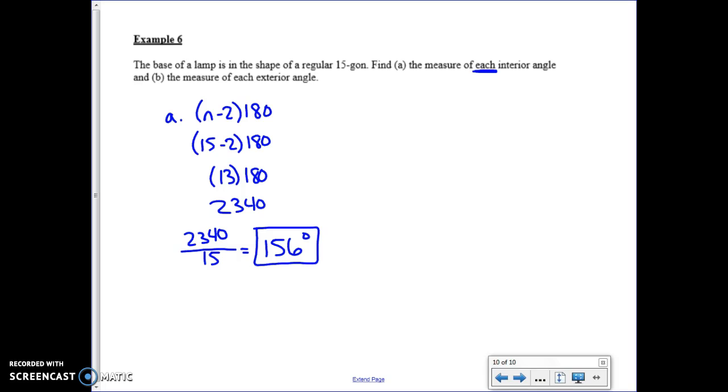Okay, then part B. We want to find each exterior angle. We know the sum of the exterior angles is 360. That's the total. We need to take that and divide by the number of angles that we have, in this case 15. So 360 divided by 15 is going to give you 24 degrees.